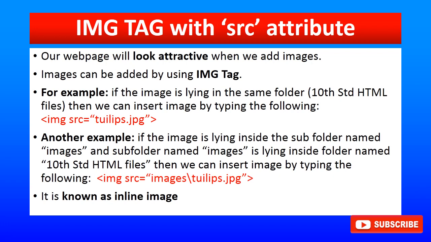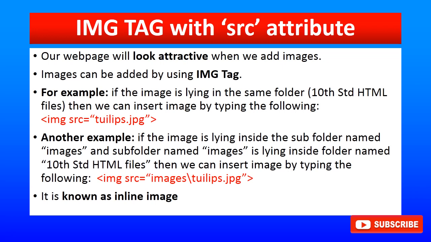Now images are added to a web page using the img tag. It's very easy to insert an image. We have already added an image as a background in the previous chapter. Now for example, if the image is lying in the same folder in which we have stored our web page, then simply you can type the tag img src is equal to the name of the image.